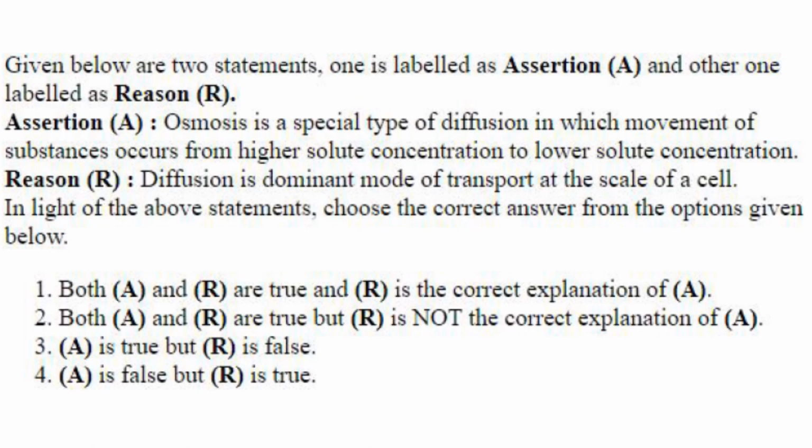Then given below are 2 statements, assertion and reason. Osmosis is a special type of diffusion in which movement of substance occurs from higher solute concentration to lower solute concentration. That is 100% wrong. That is not the correct definition of osmosis.